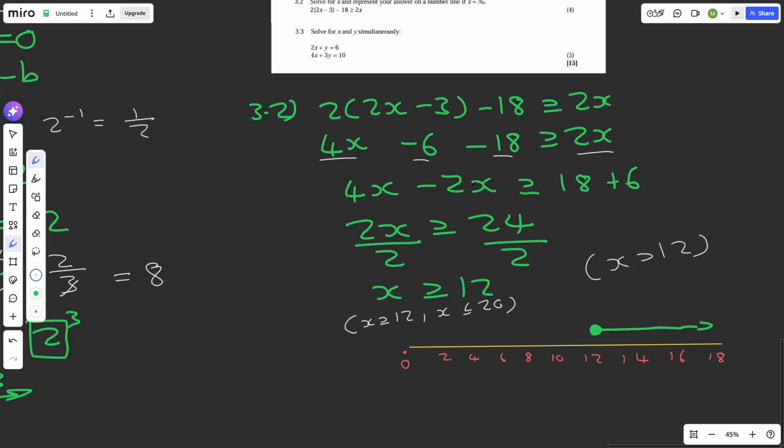The next part, and the next question, we want to solve for x and y simultaneously. So to do this, let us see what we are given.